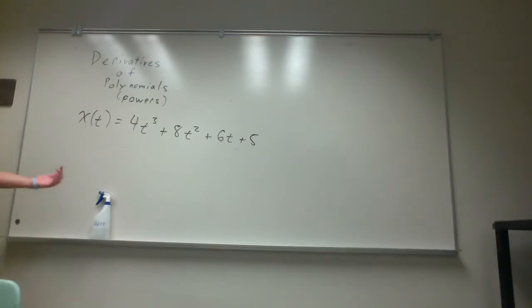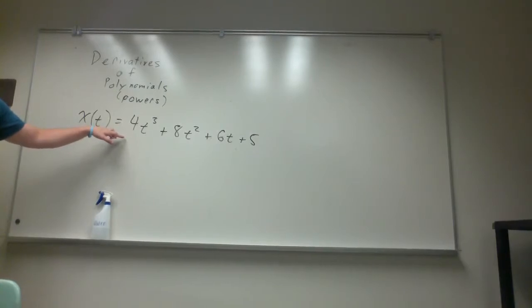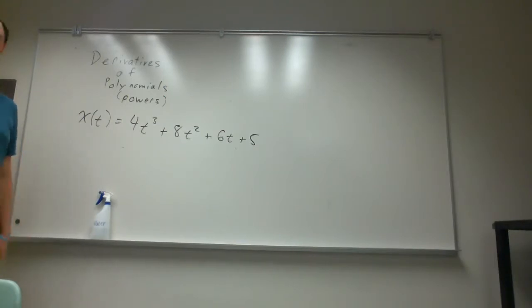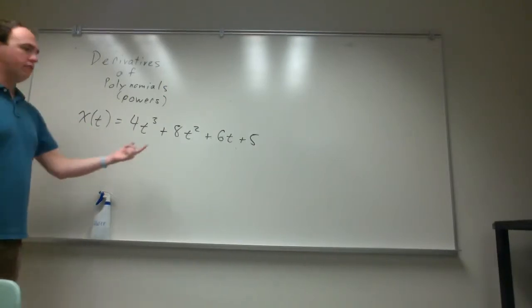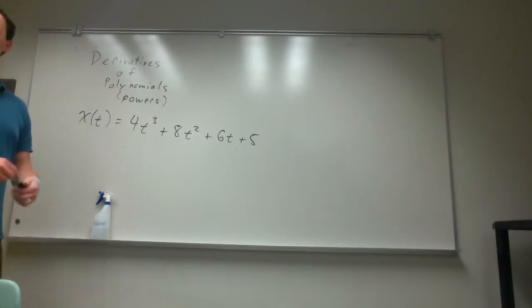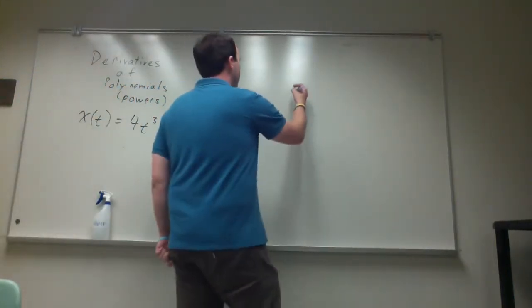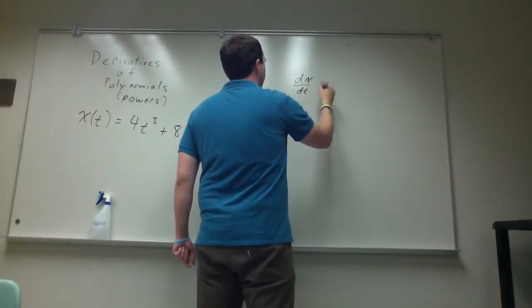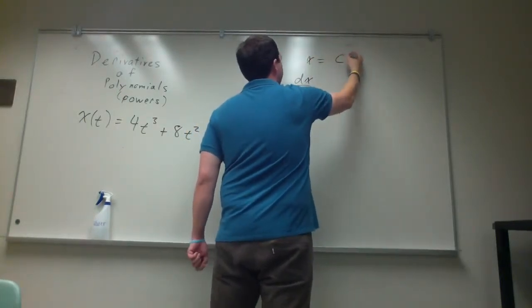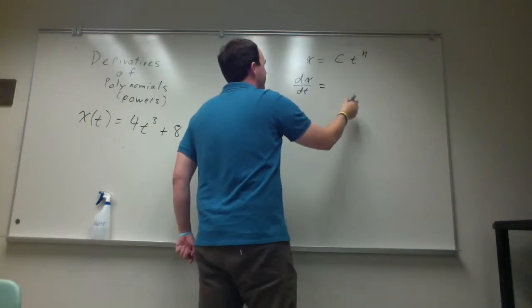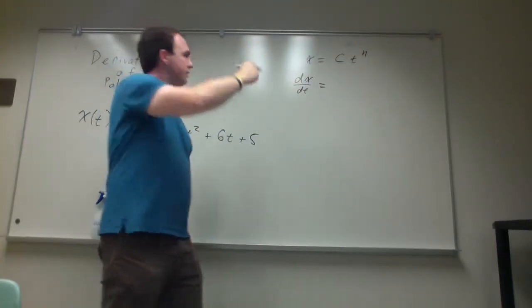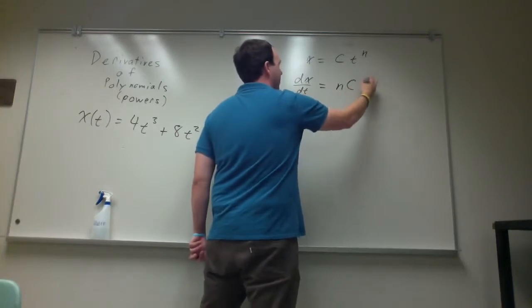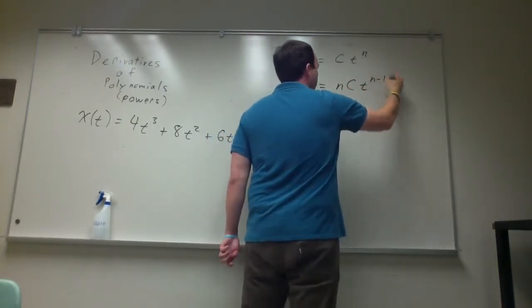So with derivatives and with integrals, if you have things added together, you can do them each separately. Right, so this just means that we have to do four different derivatives. So the rule is that if x is equal to some constant times t to the n, then dx dt, basically you bring down that n, so you get n times whatever constant's in front, t to the n minus 1.